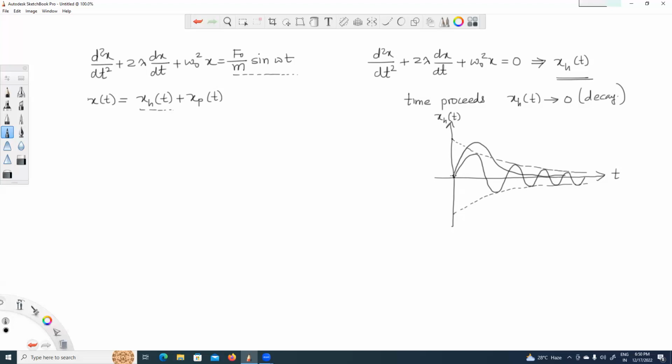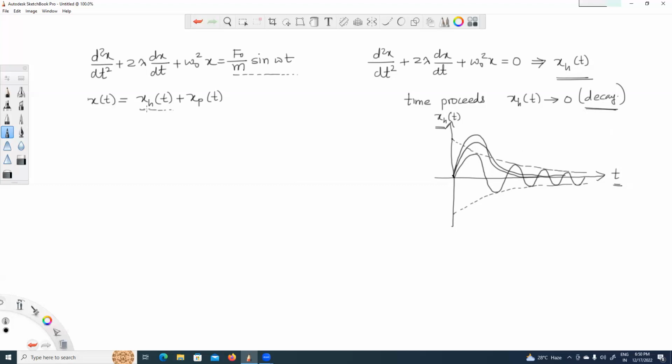The critically damped system goes in a similar manner, but slows down at a faster rate and eventually becomes 0. What I want to emphasize is that as time progresses, all these amplitudes and displacements approach 0. That's what we call a decaying displacement field.